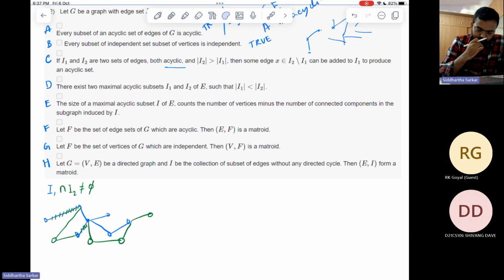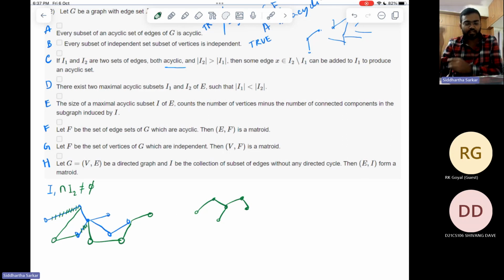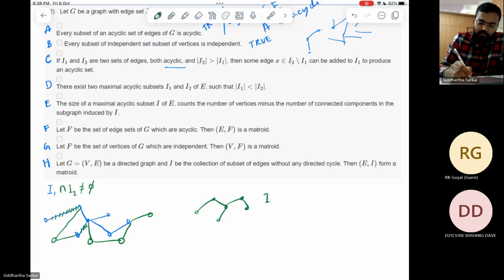Let's do one thing. Let's take a detour and let me ask you a separate question. Let's say we claim that G is a graph on n vertices, and we also tell you that G is acyclic.